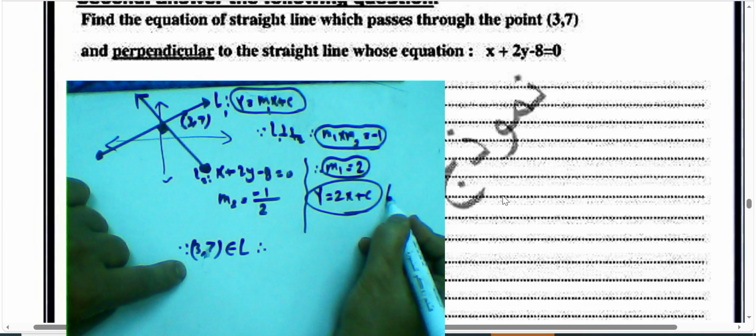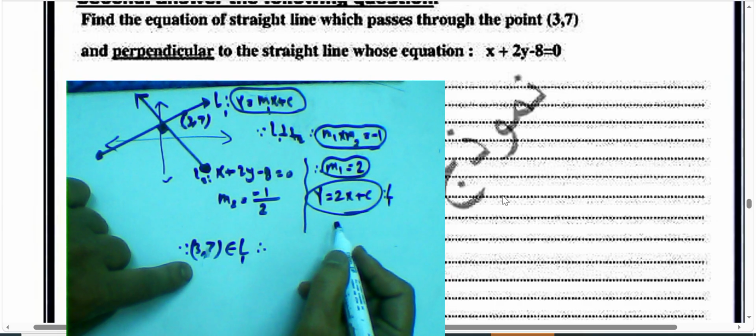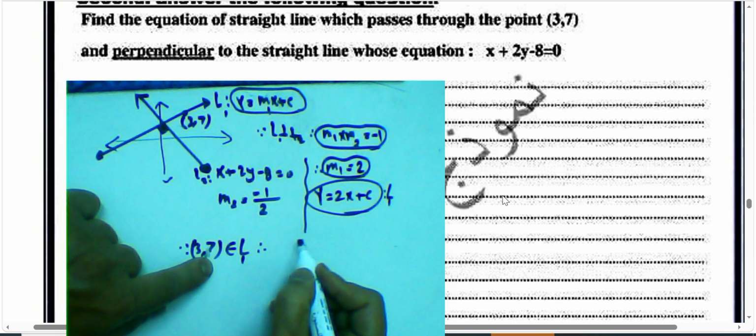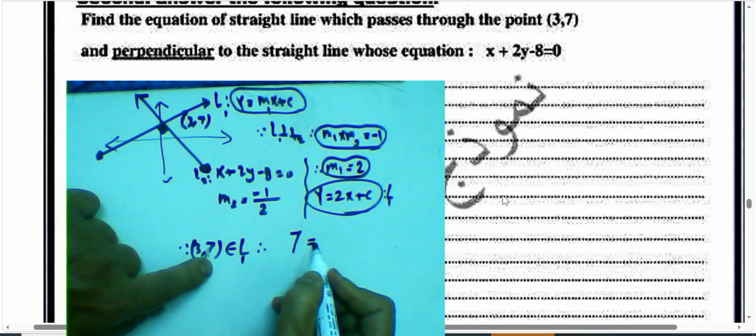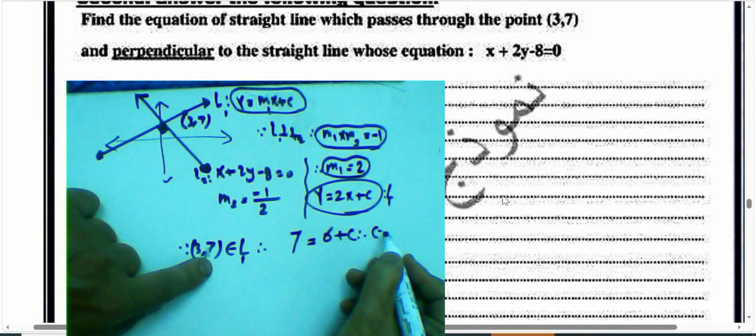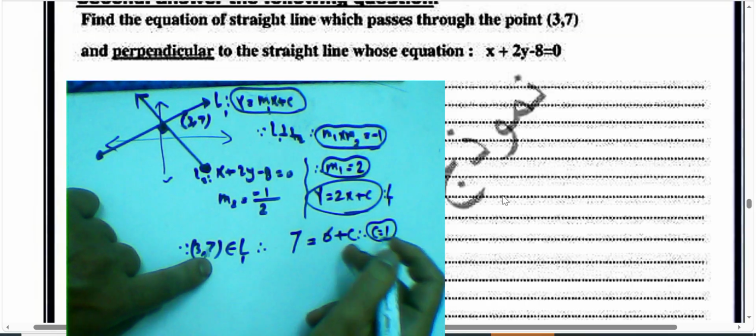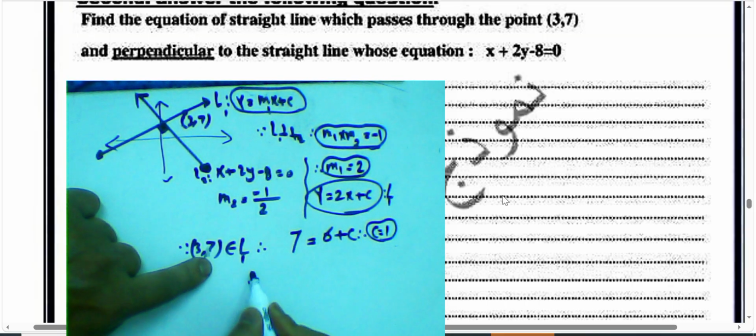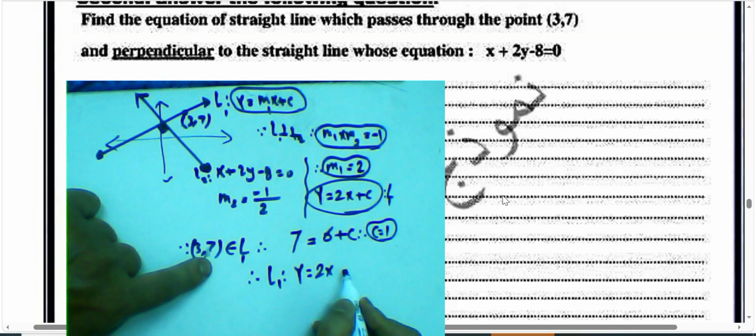Then y will be 7, and 7 equals, with x equal to 3, 2 times 3, which is 6, plus the constant. Then the constant will be 1. Then the equation of the line is y equals 2x plus 1.